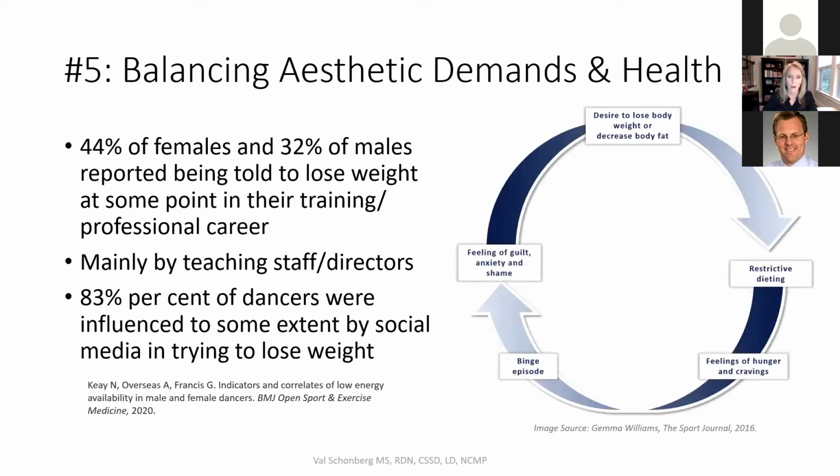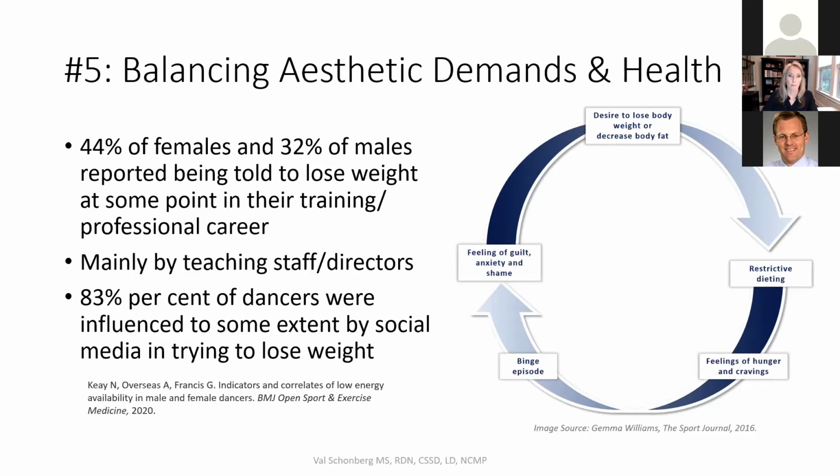And so part of the problem with this is that pressure, whether it's self-imposed or being told to lose body weight or decrease body fat, often contributes to some restrictive eating. And we end up in this cycle of potentially undereating, feeling cravings or hunger, and then having, say, 2 cookies that you think is a binge, which keeps the cycle going, or a binge episode that is eating an amount of food that you wouldn't normally eat.